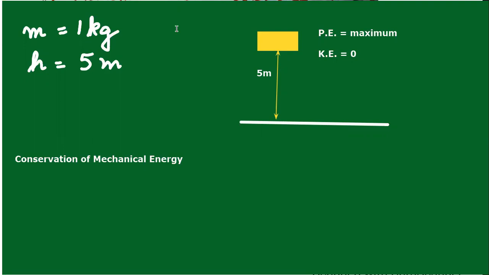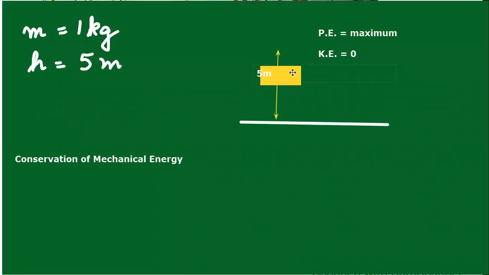And as the object starts coming down, its potential energy starts decreasing and the value of kinetic energy starts increasing above 0. And what happens when this body reaches the ground?